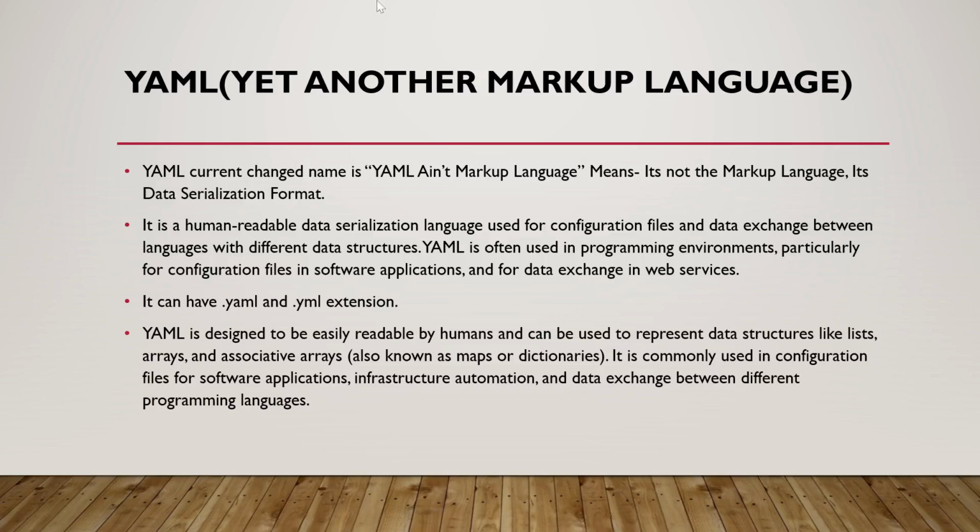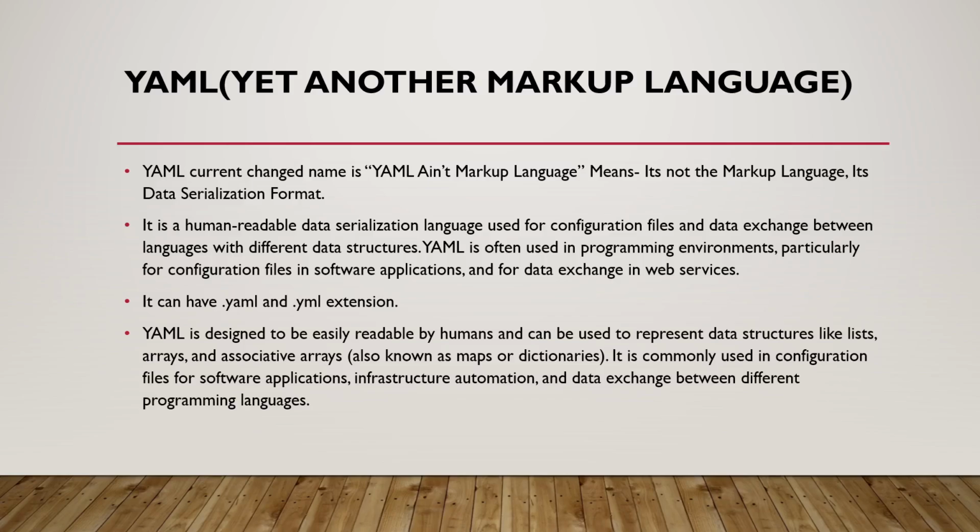YAML's old name was Yet Another Markup Language. Currently the name has changed to YAML Ain't Markup Language. What is the meaning of this? It's not a markup language, it's basically a data serialization format that applications use to communicate.